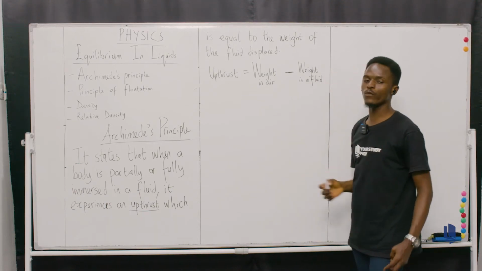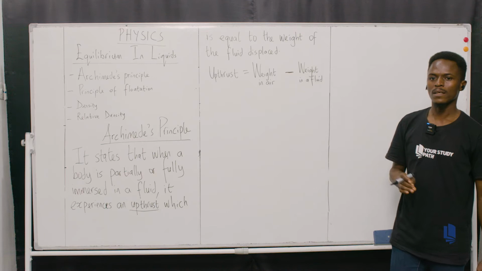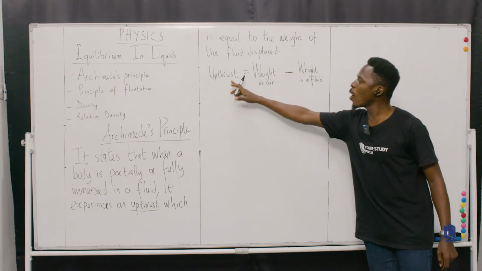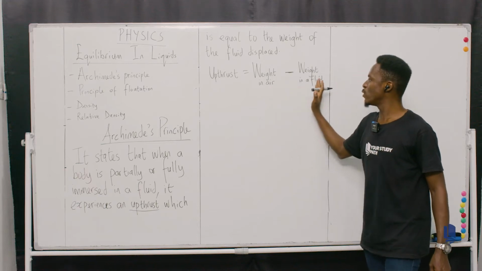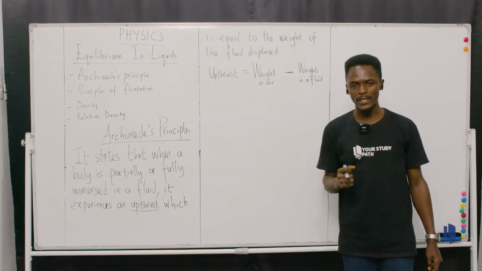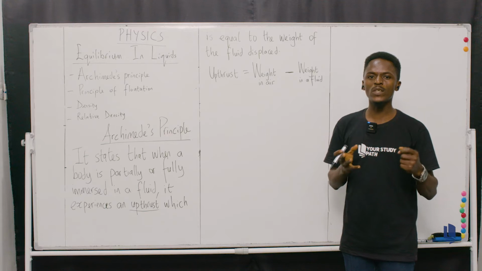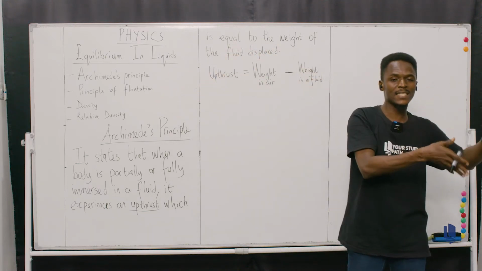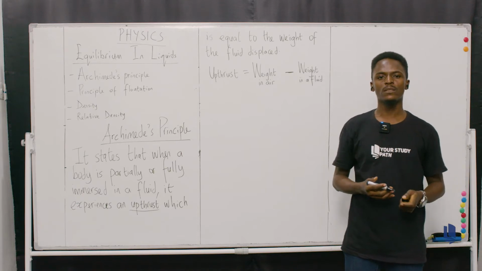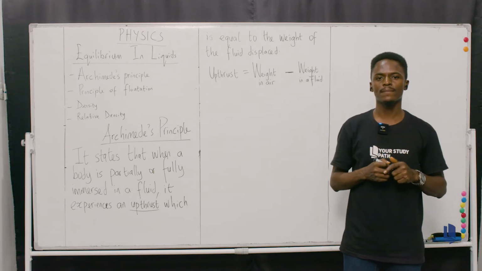And why are we saying fluid? Liquid or gas. Upthrust can be calculated by saying the weight in air minus the weight in a fluid. The difference between the weight of the body in air minus the weight inside a particular fluid, liquid or gas.